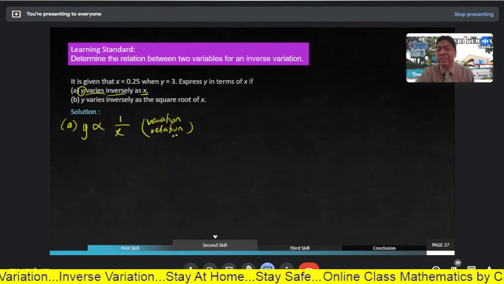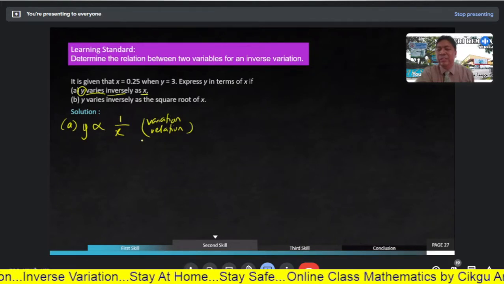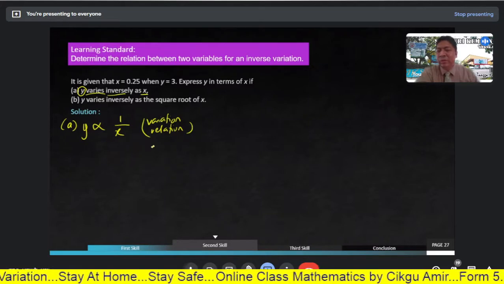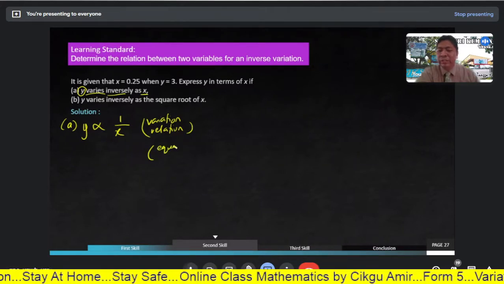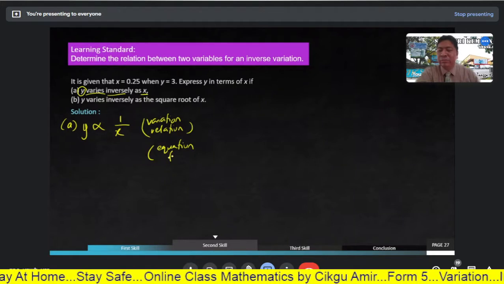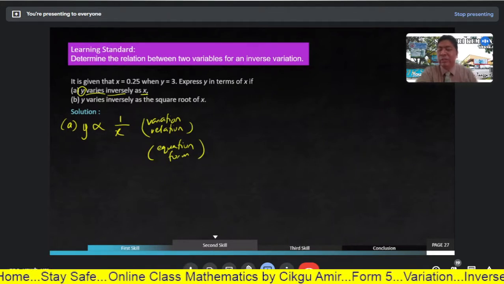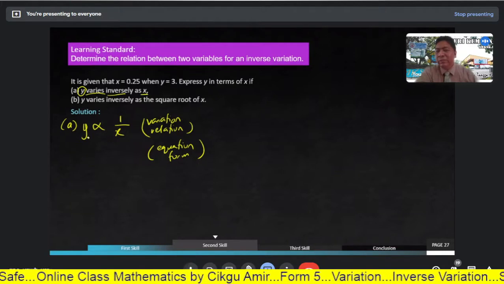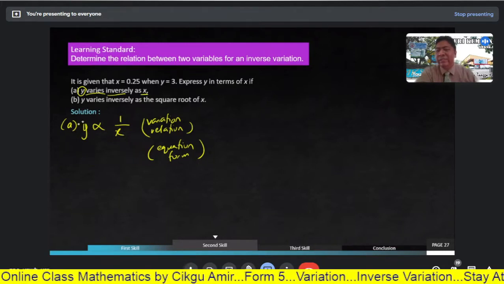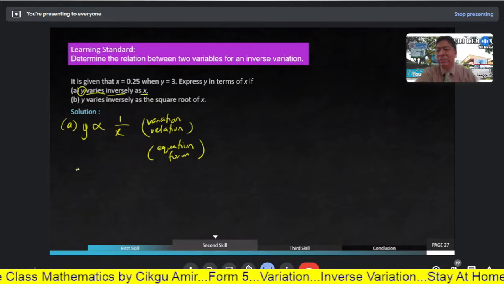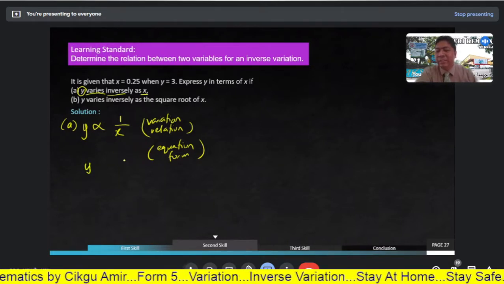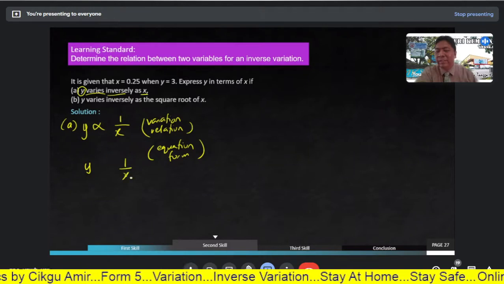Then the second step, from this relation, we are going to change to equation form. How to change to equation form? The variables here are fixed and unchanged, so there is still y here and still 1 over x here.